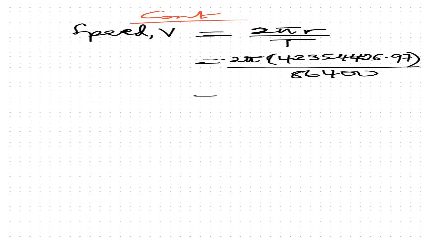And what do we get by division? 3,080.10 speed. So here the units.